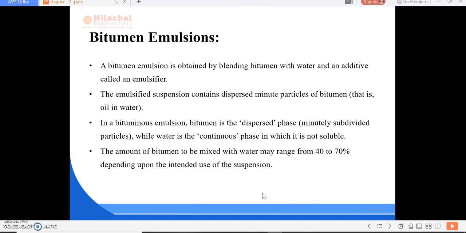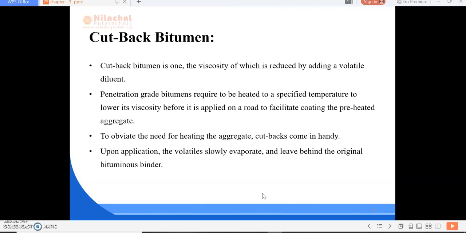The emulsified suspension contains dispersed minute particles of bitumen, that is oil, in water. In a bituminous emulsion, bitumen is the dispersed phase, minutely subdivided particles, while water is the continuous phase in which it is not soluble. The amount of bitumen to be mixed with water may range from 40 to 70% depending upon the intended use of the suspension.